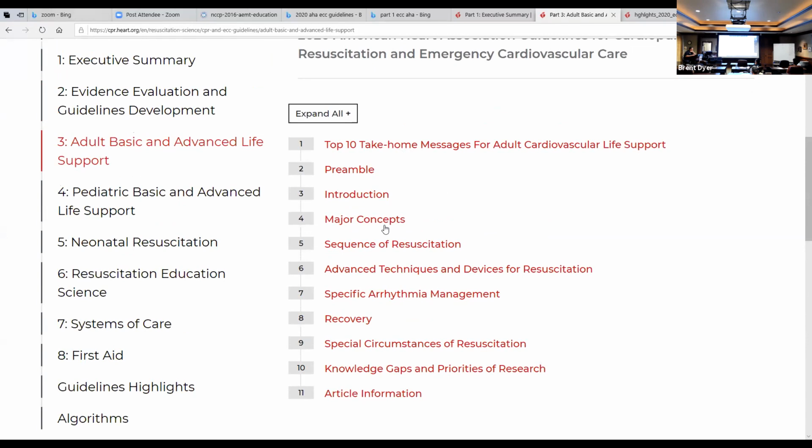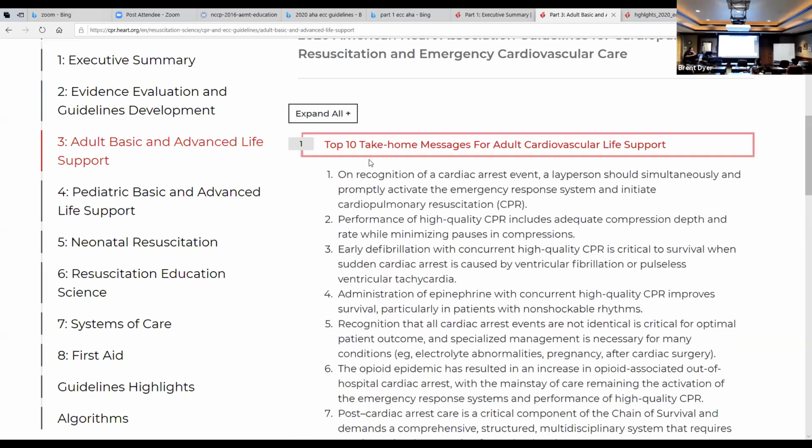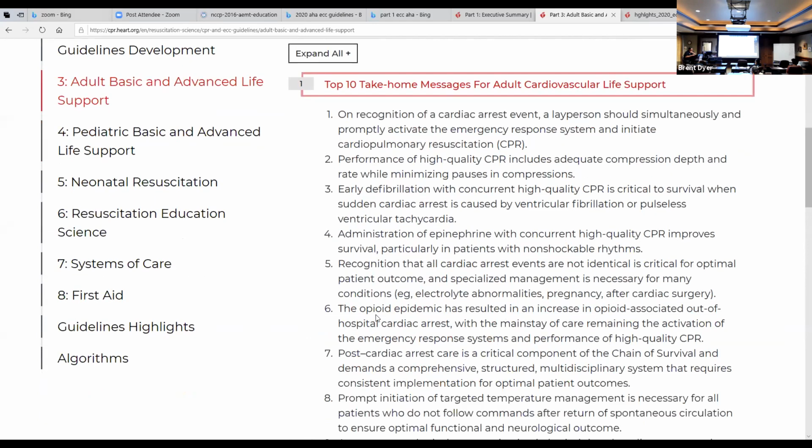Then you've got major concepts, advanced techniques and devices for specific arrhythmia management. All these things I would highly recommend looking at. But for example, let's look at the top 10. Every one of these are valid points.